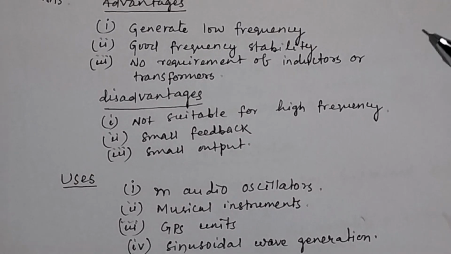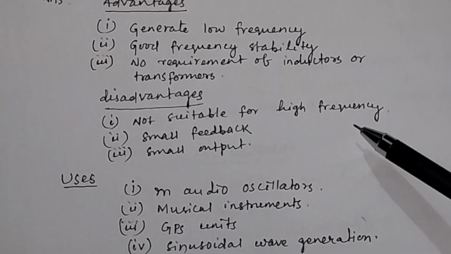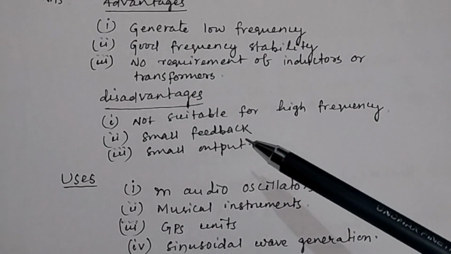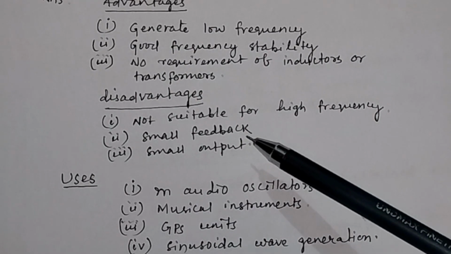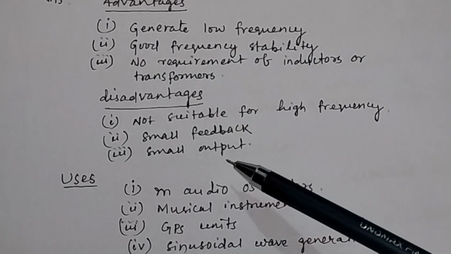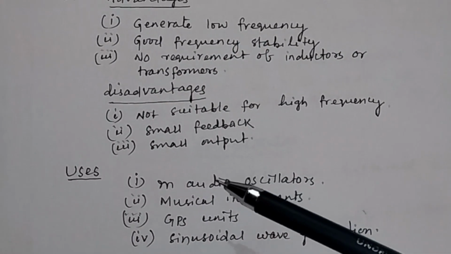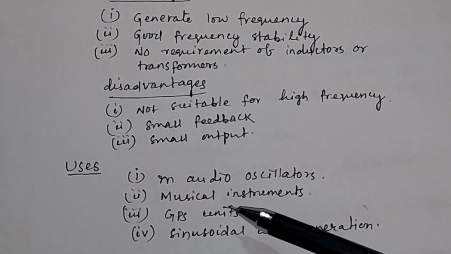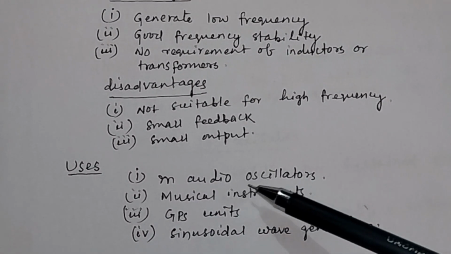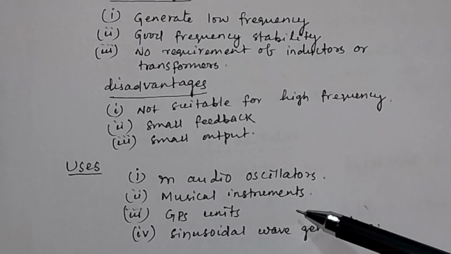And what are the disadvantages of phase shift oscillator? It is not suitable for high frequency oscillation, and in phase shift oscillator the feedback is very small. That is why the output is also small. And what are the uses of phase shift oscillator? It is used in audio oscillators, and it is also used in musical instruments.